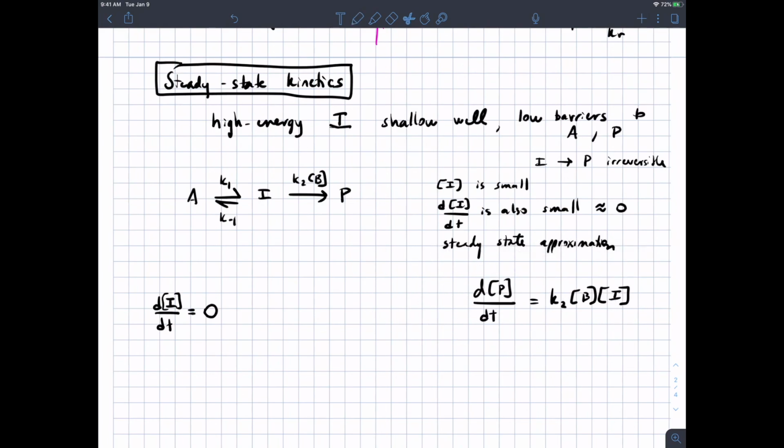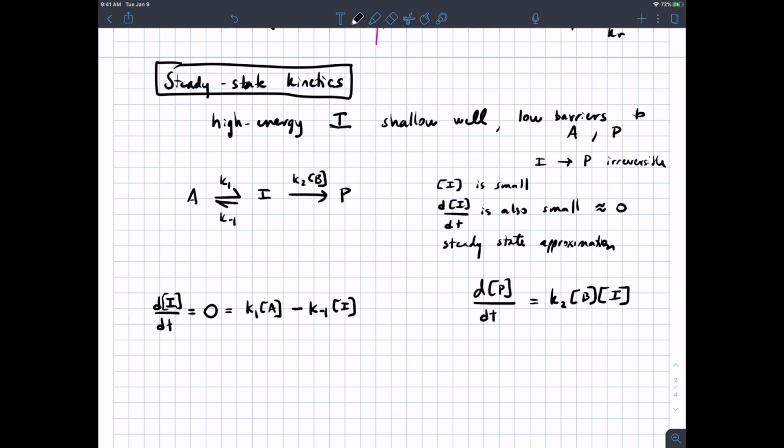So now we're going to write all of the possible things that could contribute to the rate of change of I, and we're going to set them equal to 0. So I could increase by conversion of A into I, and the rate for that would be K1 times A. Similarly, I could decrease by conversion of I right back into A, so that would be K minus 1 times I. Is that okay so far?